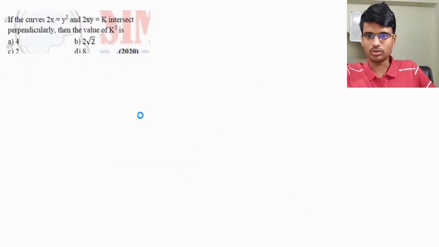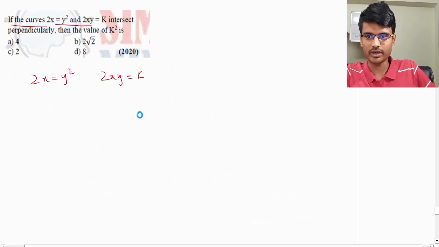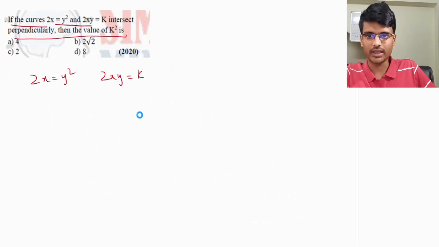Okay, so this is a pretty interesting question. If the curves 2x equal to y square and 2xy equal to k intersect perpendicularly, then the value of k square is. First, I need to find out at what point they intersect. At the point of intersection, both the equations are satisfied, right?